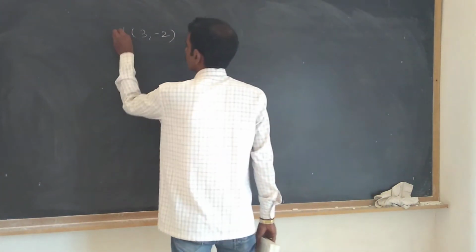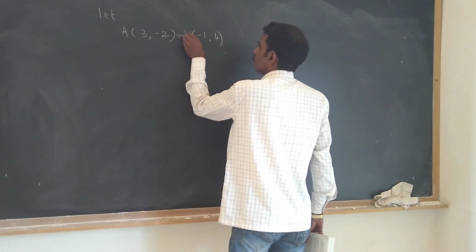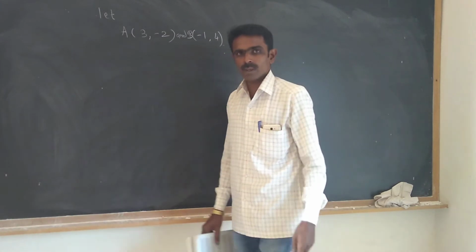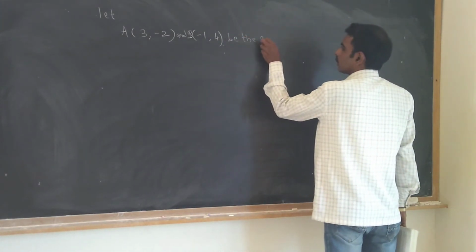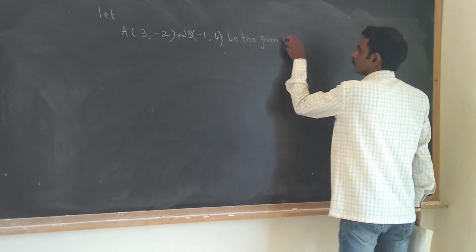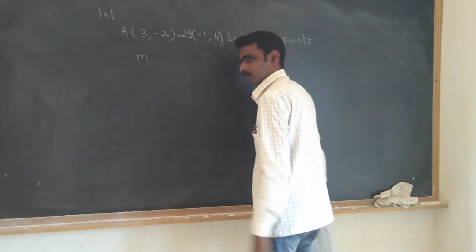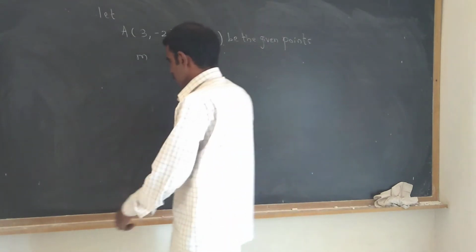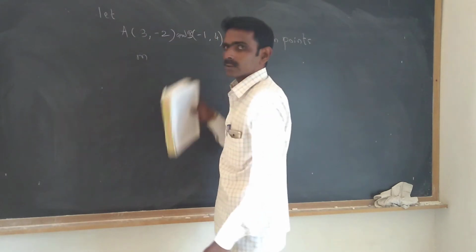Now what I will do is let A and B be the given points. Let M denote the slope. So on the line L1, these 2 points are there.